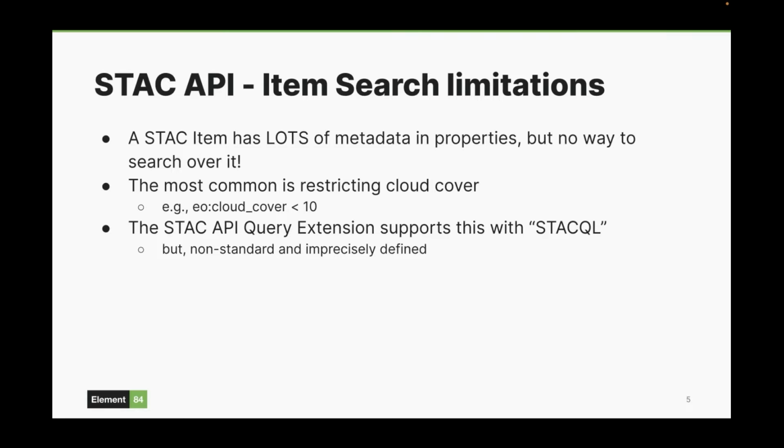The most common thing people want to search over is cloud cover. That's by far the most common use for this. And for simple things like that, we added the STAC API query extension, which included a proprietary JSON-based language that we sort of refer to as STACQL.